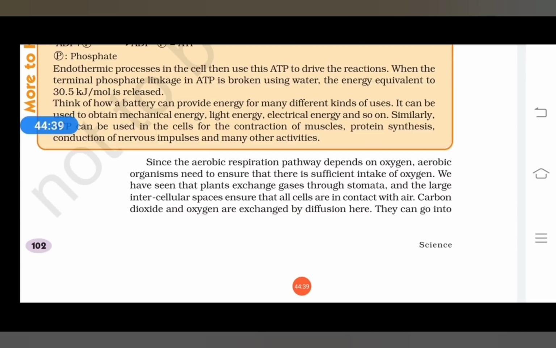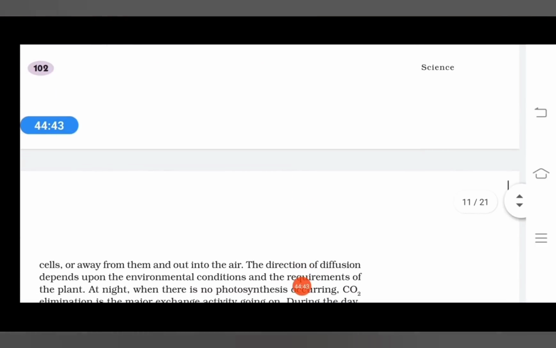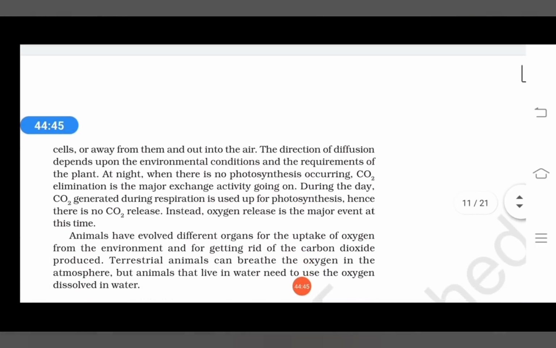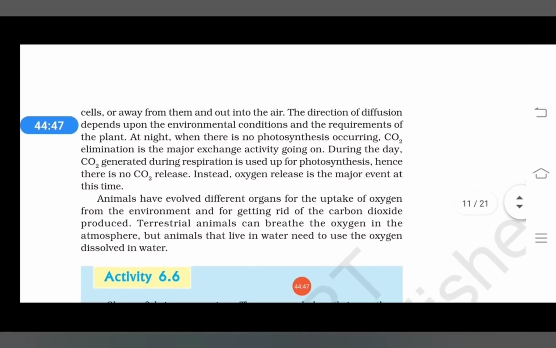Carbon dioxide and oxygen are exchanged by diffusion here. They can go into cells or the other way from them and out into the air. The direction of diffusion depends upon the environmental conditions and the requirements of the plant.